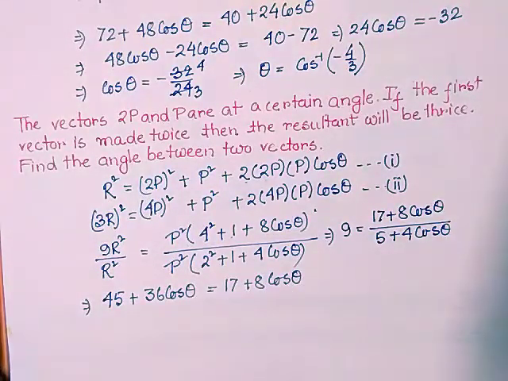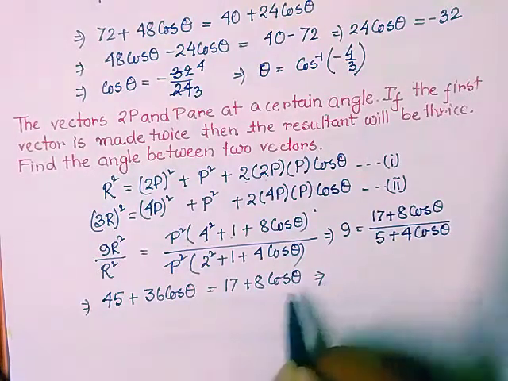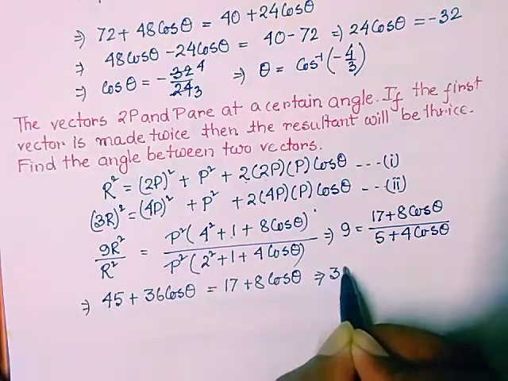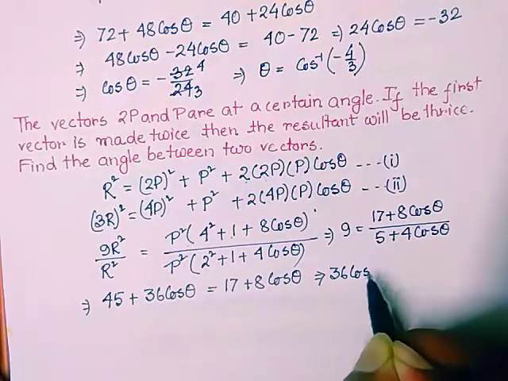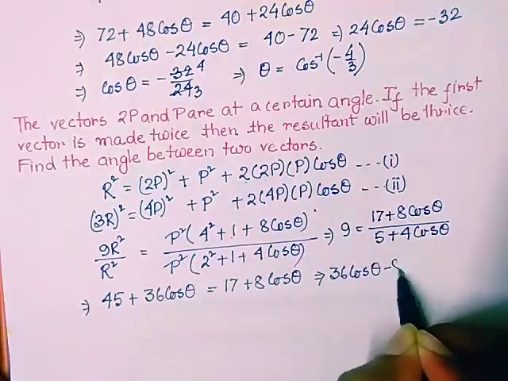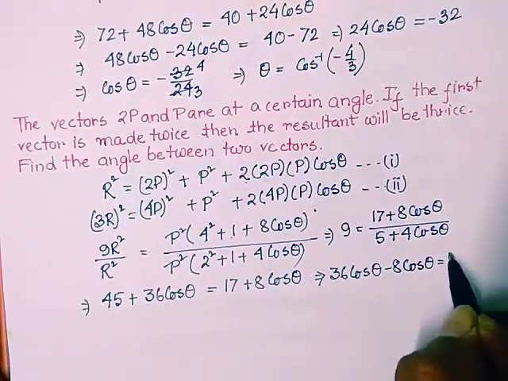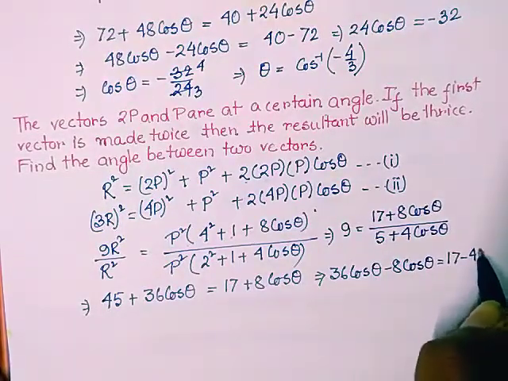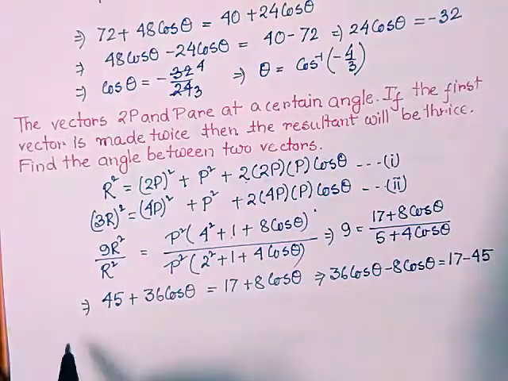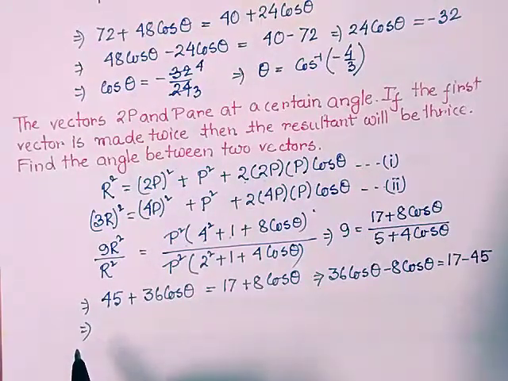Okay, so just see here, 36 cos theta minus 8 cos theta equals 17 minus 45. So 36 minus 8, what will it be? 36 minus 8 will be 28.